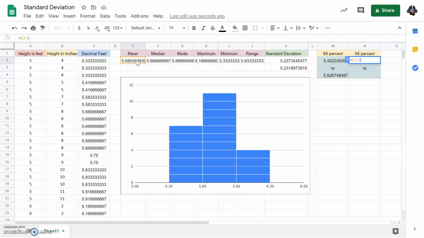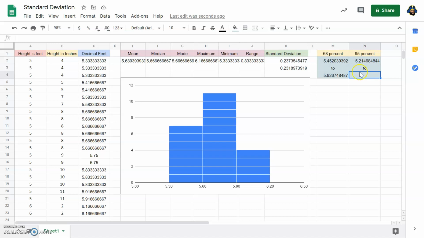So we're going to put 2 times, oops, let's fix that real quick, equals the mean minus, we're going to put in order of operations, parentheses, 2 star for times, standard deviation, close parentheses. Okay, so that's the mean minus 2 standard deviations.